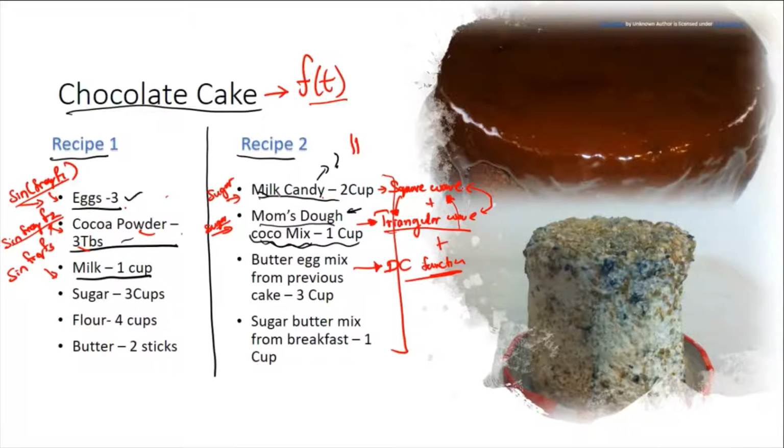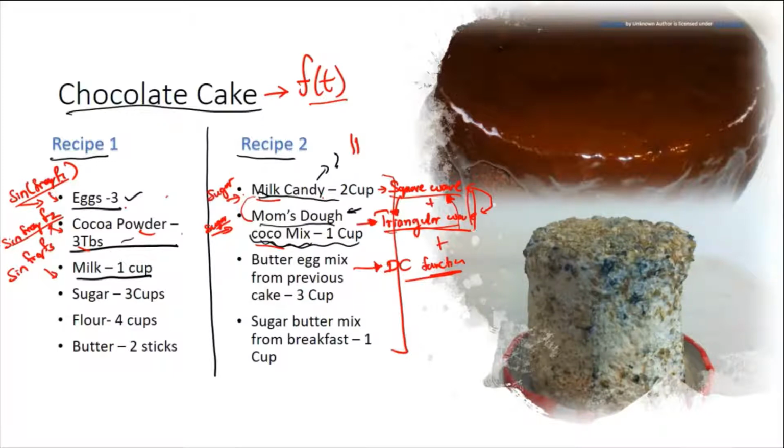Now, how much is the total sugar that I need to add? You cannot know that from just a recipe like this. In the same way, if I just tell you square wave and triangular wave were present, you cannot easily say how much of square wave. You can reduce the amount of square wave and increase the amount of triangular wave, and you're still going to make the same function f of t. So this is not really a good representation.